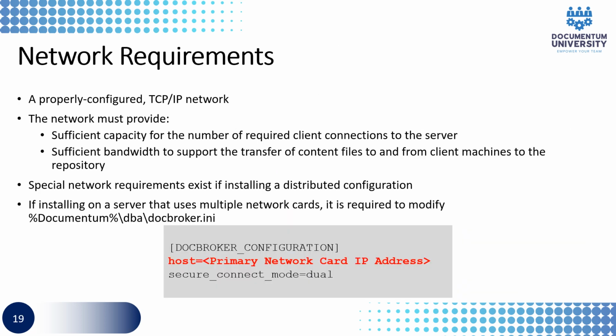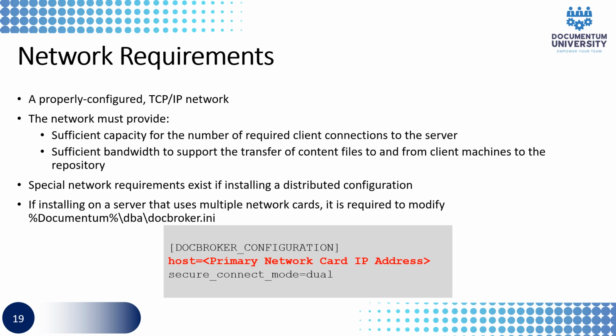Network requirements. A properly configured TCP/IP network is a prerequisite for a successful installation and implementation of the Documentum system. The network must meet the following requirements. First, it must provide sufficient capacity for the number of required client connections to the server.